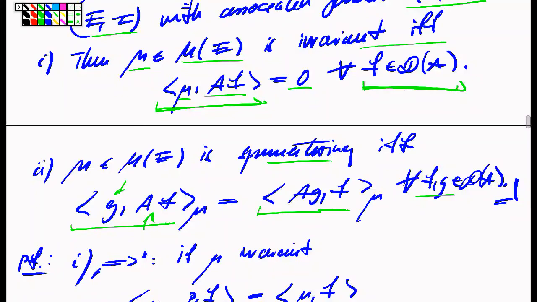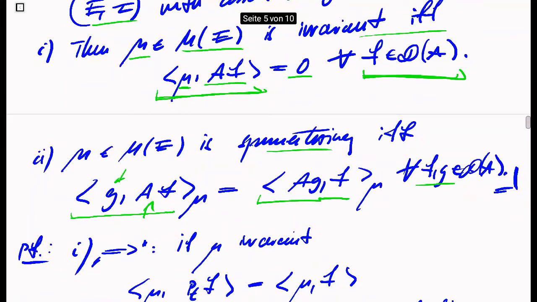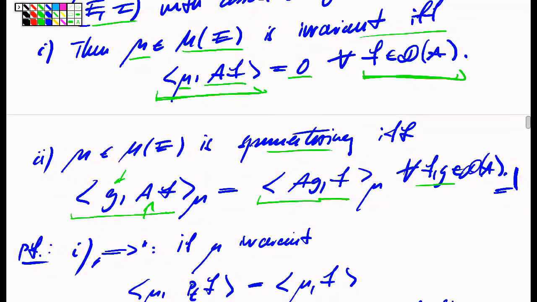So in other words, the generator A is a symmetric operator on this L2 space. So we find that the measure mu is symmetrizing for the semigroup if and only if the generator of the semigroup is a symmetric operator in the L2 space associated to that measure mu.